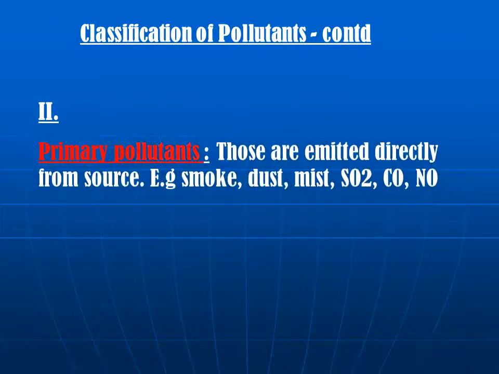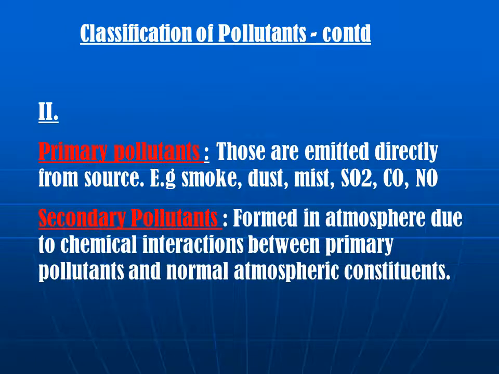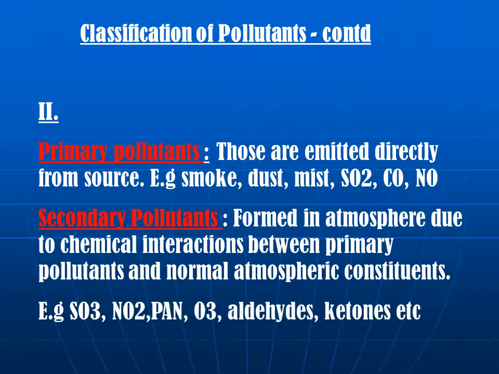The next classification of pollutants is primary pollutants and secondary pollutants. The primary pollutants are emitted directly from the source. For example, the smoke, the dust, the mist, the SO2, the carbon monoxide, the nitric oxide emitted directly from the source.